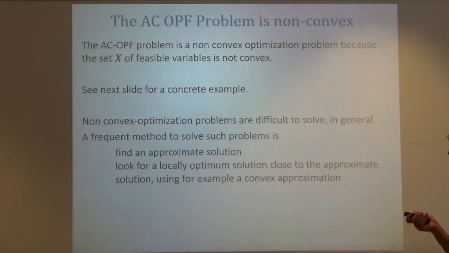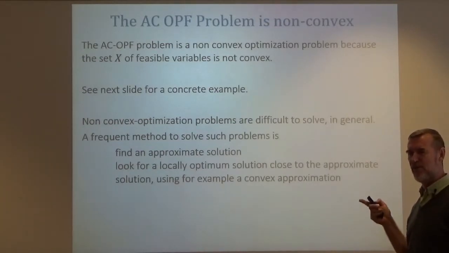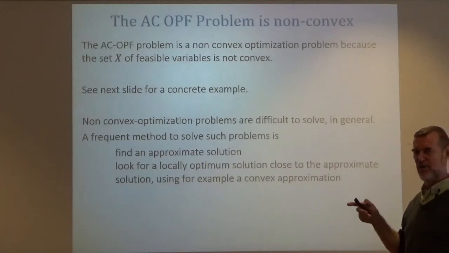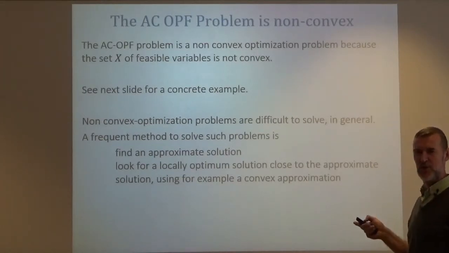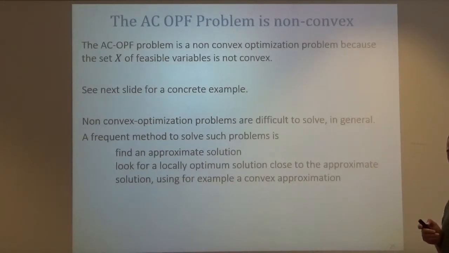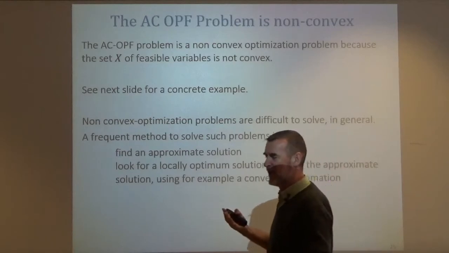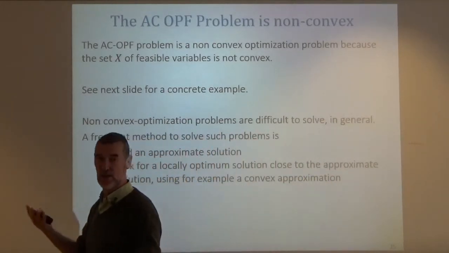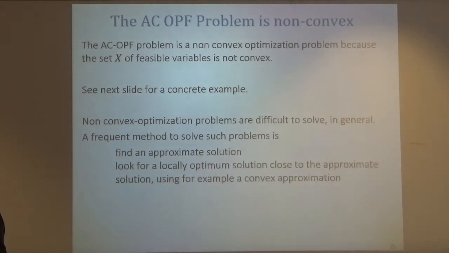Well, what I should say more precisely is that the formulation I gave before of the AC OPF problem is non-convex. I gave a rectangular coordinate formulation. Now, as I said before, convexity or non-convexity is not a property that is kept under nonlinear transformation. So it's not a fundamental property of a problem. It's a property of a given formulation, of a given parameterization of the problem.